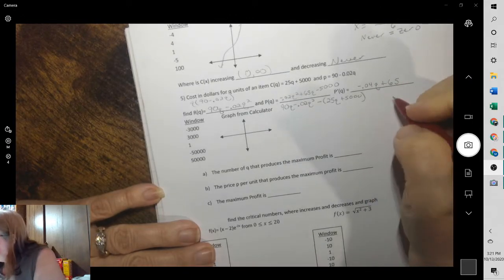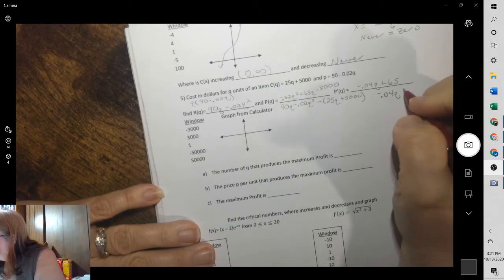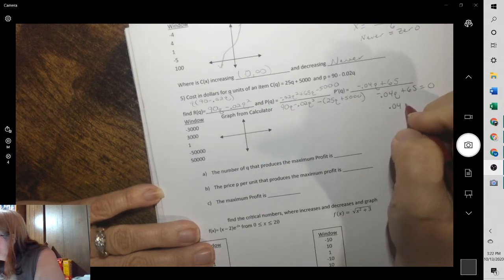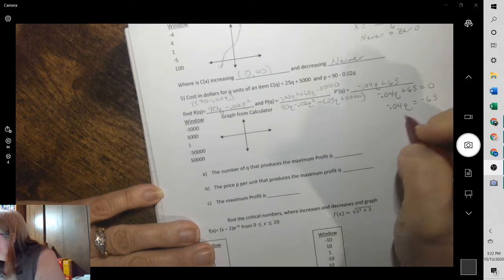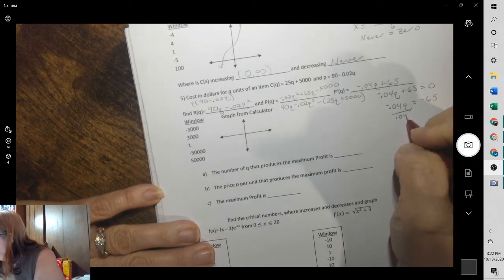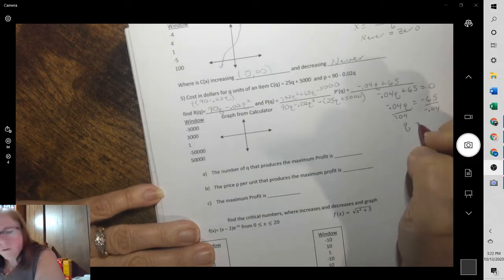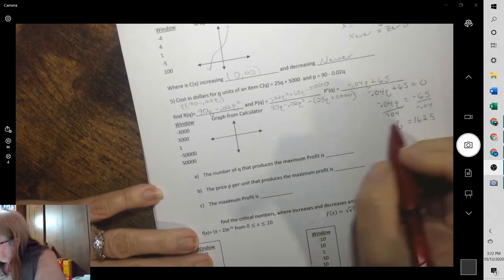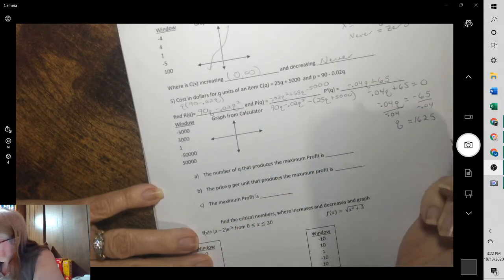Once you take the derivative, you set that equal to 0 to find your critical number. Bringing the 65 over and then dividing by the decimal, Q equals 1625. So 1625 is the quantity that will produce a maximum profit.